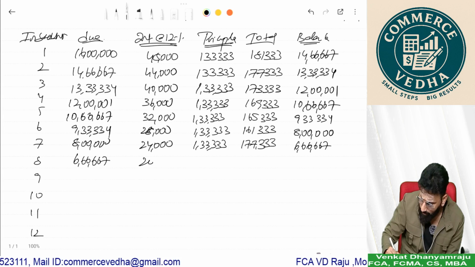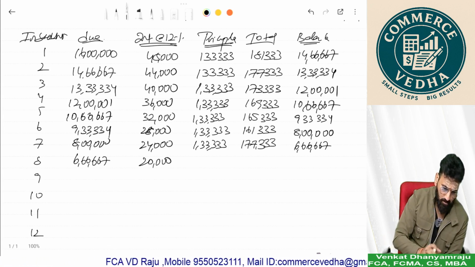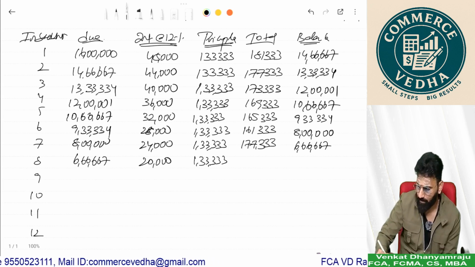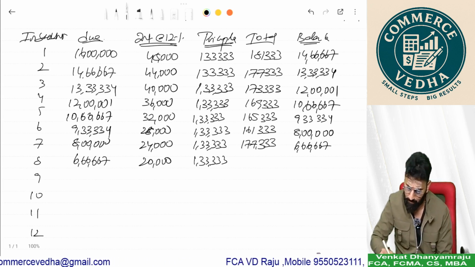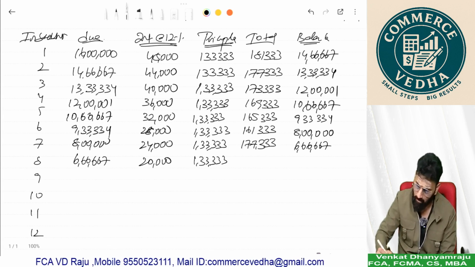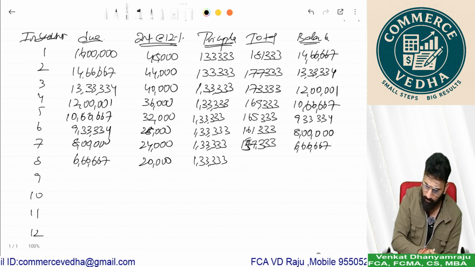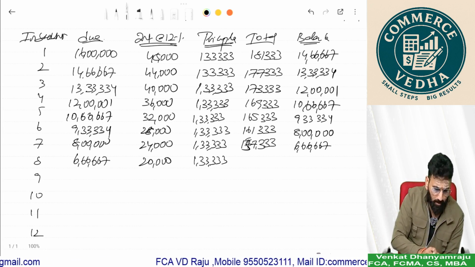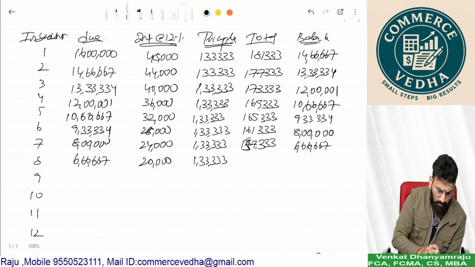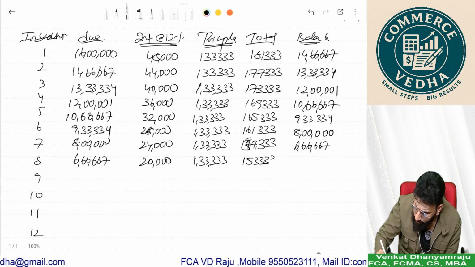On that, interest will be 20,000, and the principal remains same, and total is 133,333 plus 20,000, 153,333.